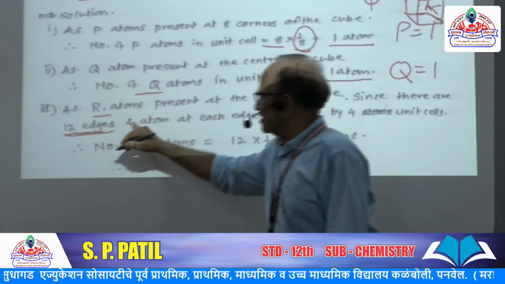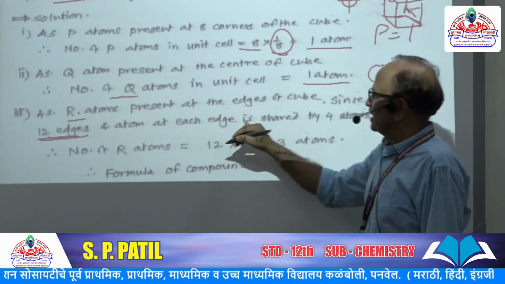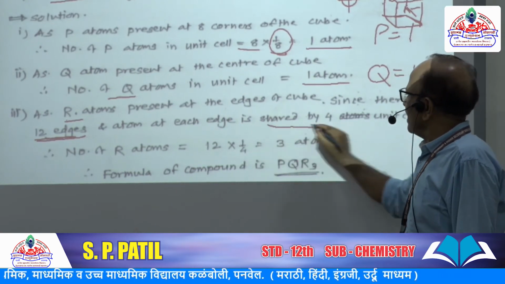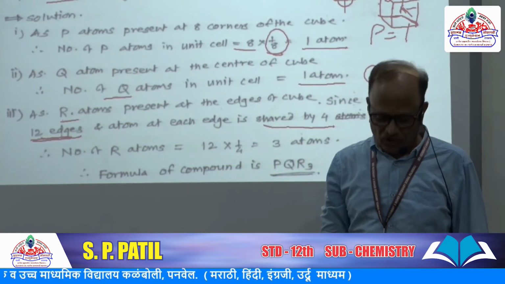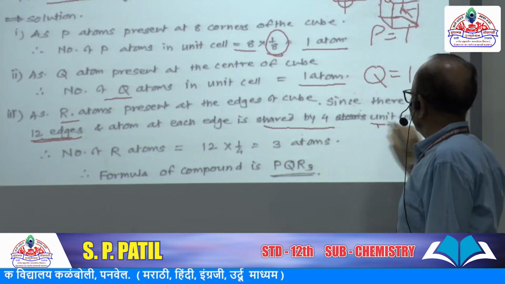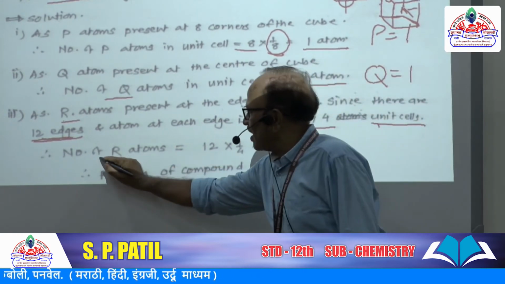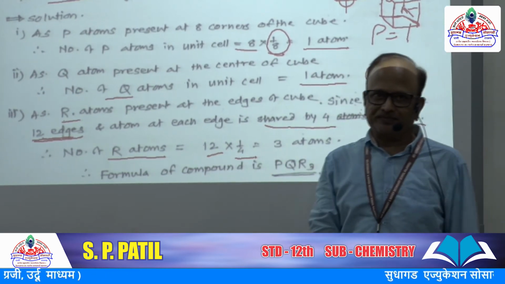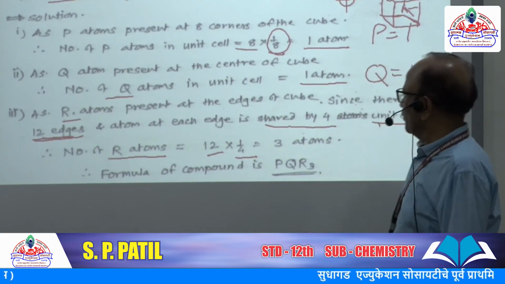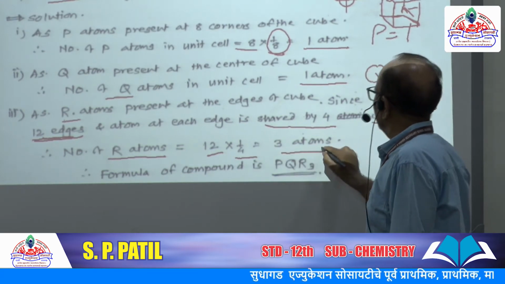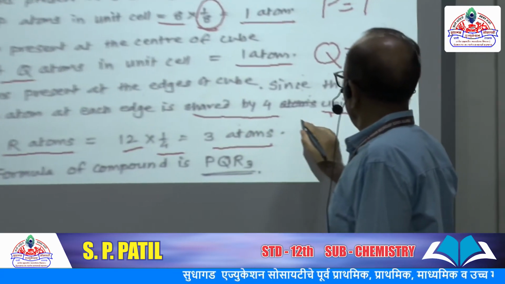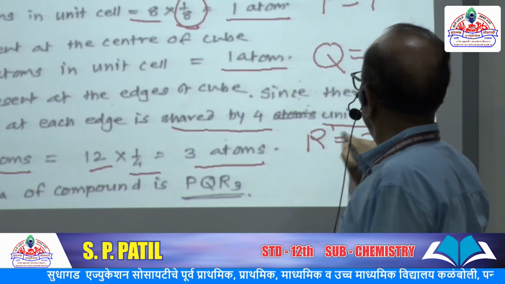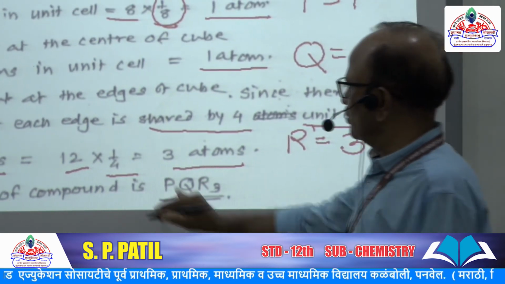The atom at each edge is shared by 4 unit cells. So the number of R atoms is equal to 12 into 1/4, that is equal to 3 atoms. So R is equal to 3.